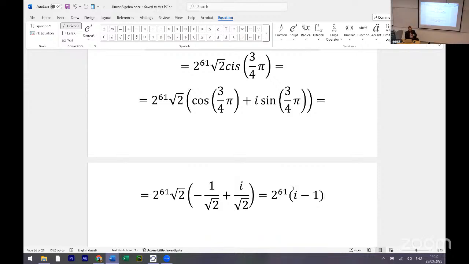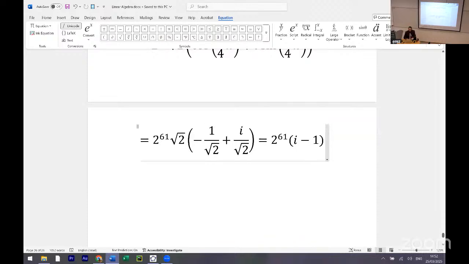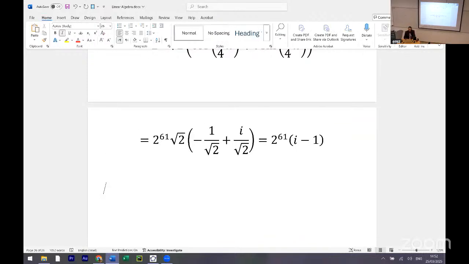And lastly for the complex numbers, we now wish to study roots of complex numbers.